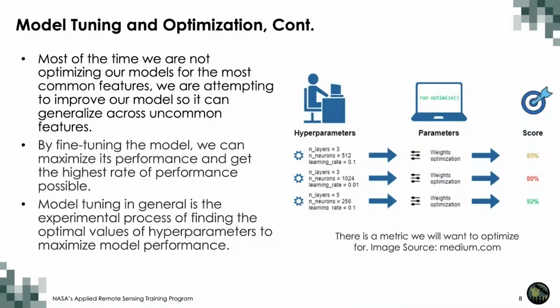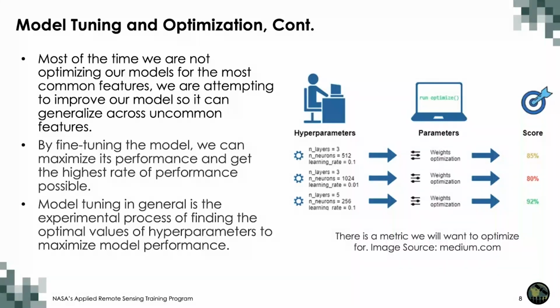Let's continue then with the model tuning. Most of the time, we're not optimizing our models just for those common features. We're actually trying to optimize our model so we can generalize across uncommon features. Most of the time on your first training iteration, you're going to get most of the easy tasks, or most of the similar tasks, predicted properly.